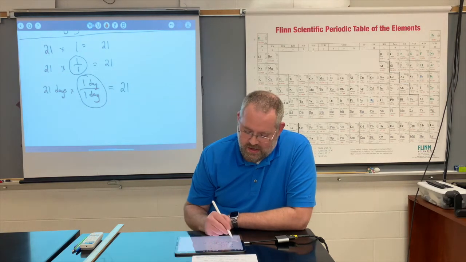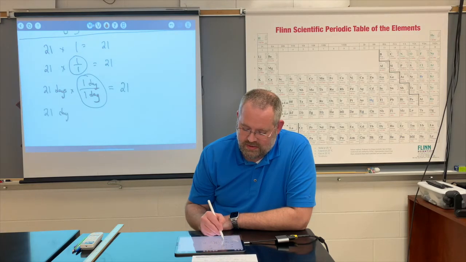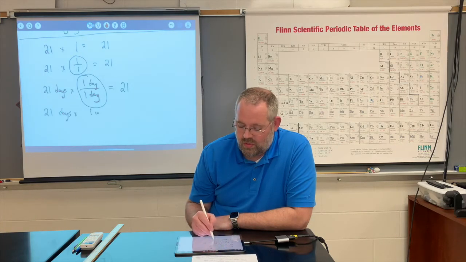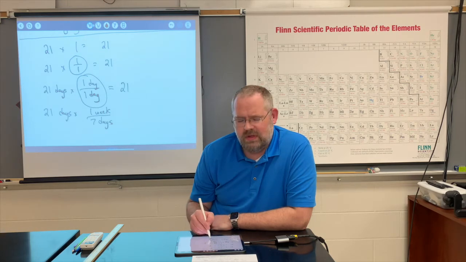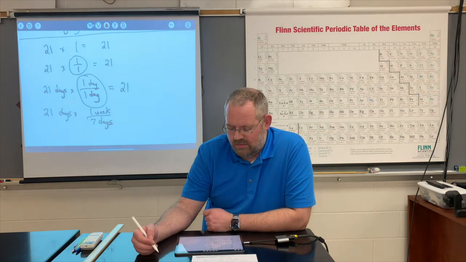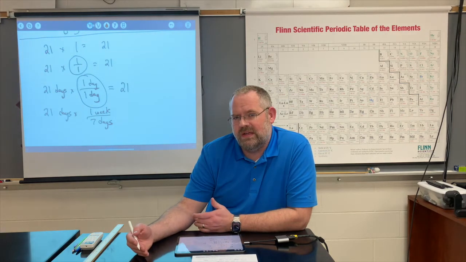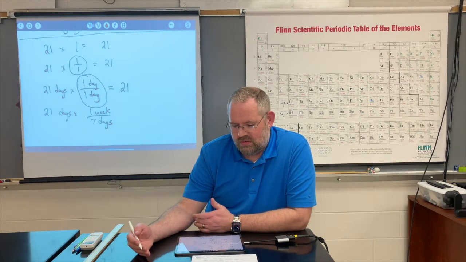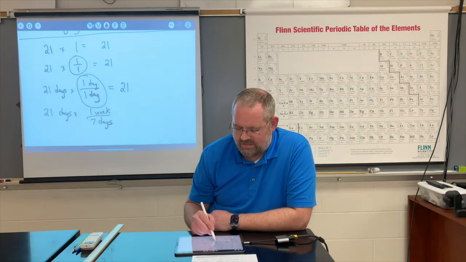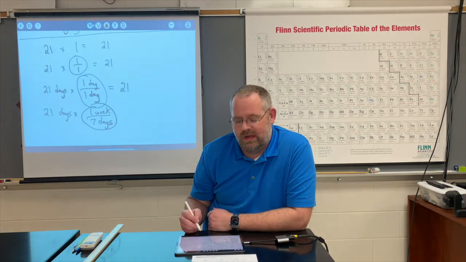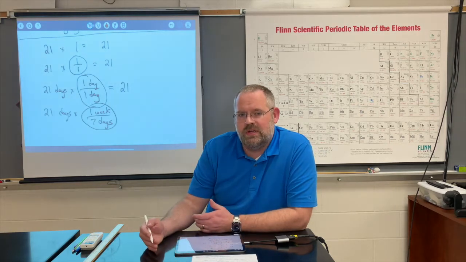What if I have 21 days times 1 week over 7 days? Well, that's a different value there. But 1 week and 7 days are still the same thing. So this value still equals 1. But my units come into play here.